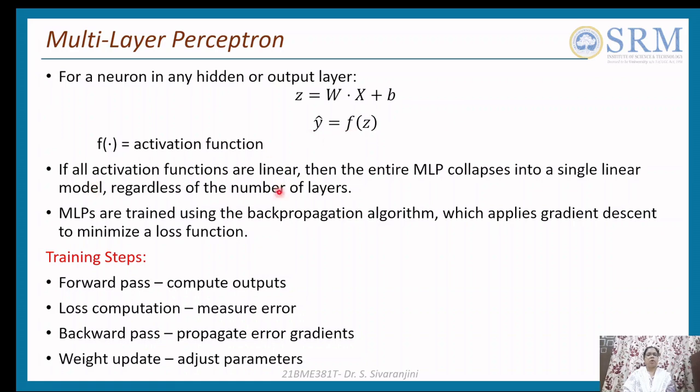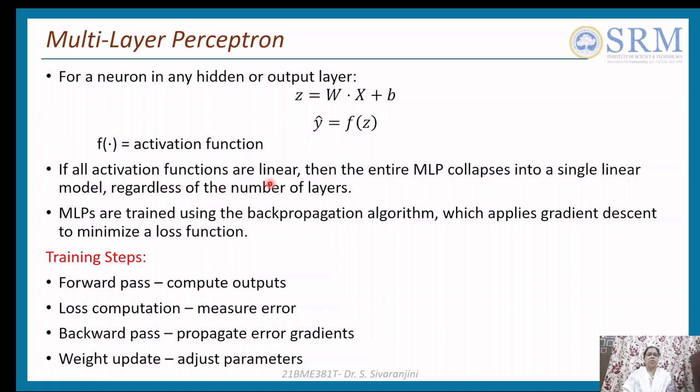If all the activation functions are linear, then the entire MLP collapses into a single linear model, regardless of the number of layers. Even if you have more layers, if the activation functions are linear, the entire MLP becomes a single linear model or a perceptron model.